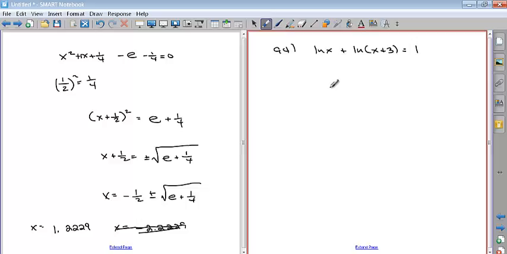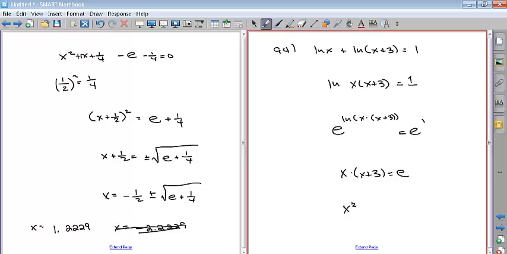Okay, combine using the product rule like that. Then you do e to the natural log of x times x plus 3, e to the first power. So e to the natural log of that is just x times x plus 3. On the right hand side we have just e.